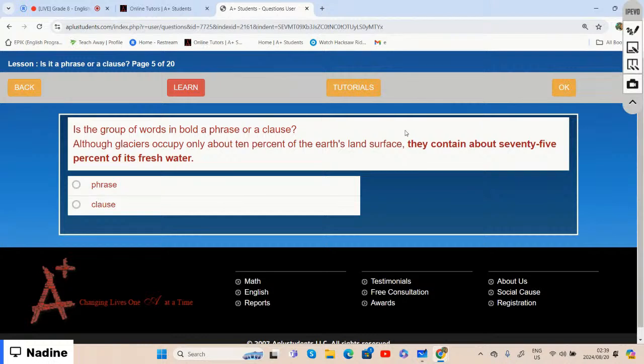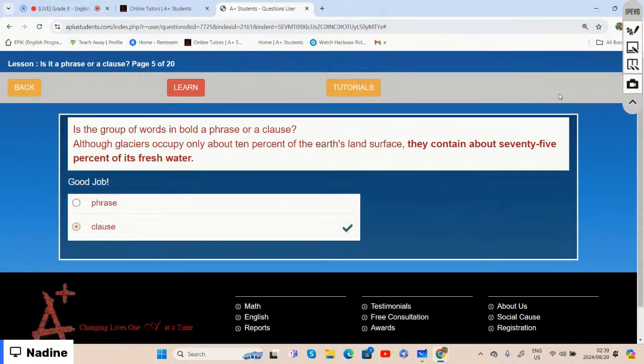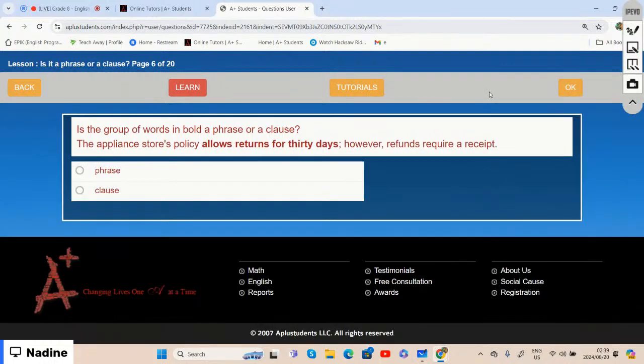All right, and if we were to choose the correct option, which is they contain about 75% of its fresh water, we can say it is a clause.